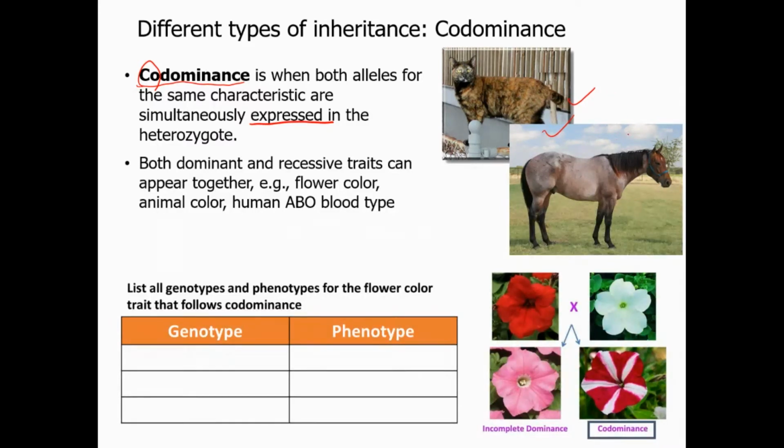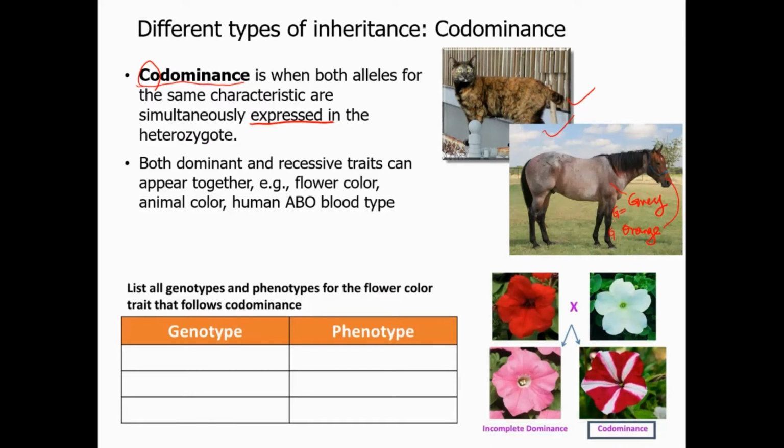So for the horse, you see there are two colors, right? So you see the gray color and the chestnut color, or I'm just going to say orange color. Okay, so these are actually coded by two alleles. We can say big G and little g. Okay, so let's say big G is for gray and G prime.